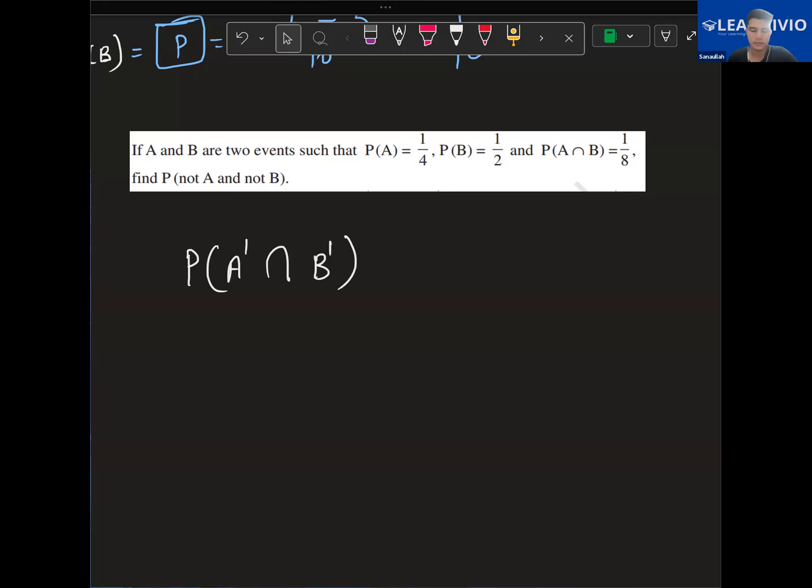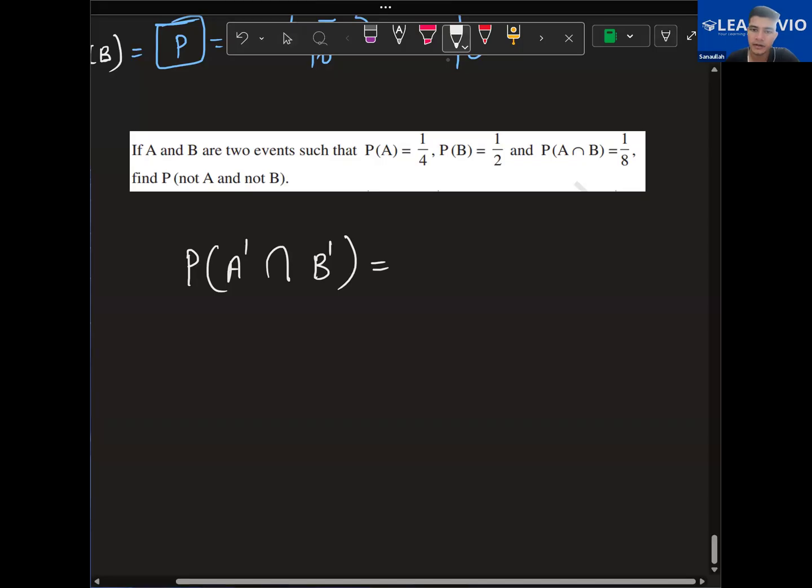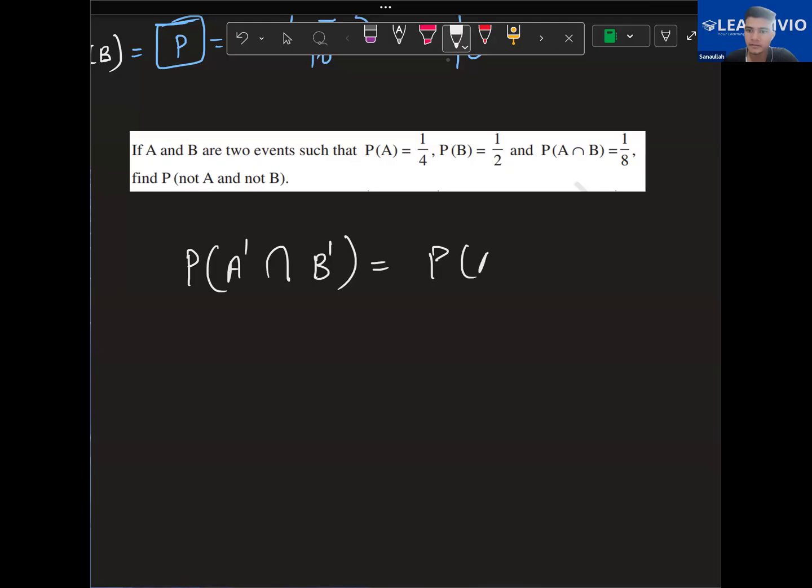See how to do this. This is a formula. If you have A complement intersection B complement, you can write this as A union B whole complement. Did you know this earlier? So the first step will come from here.